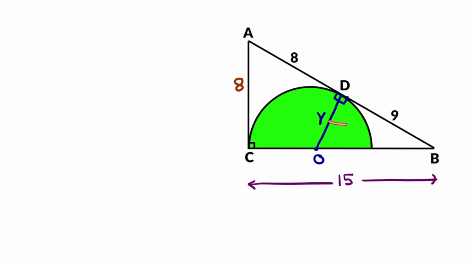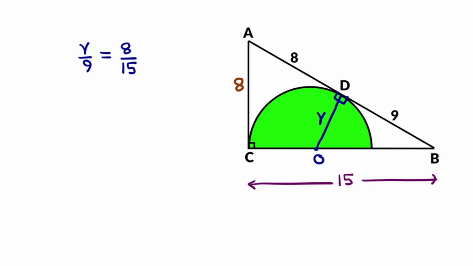The horizontal leg is BD, which equals 9. In the large triangle, the vertical leg is AC, which equals 8. The horizontal leg is BC, which equals 15. So similarity gives us r over 9 equals 8 over 15.